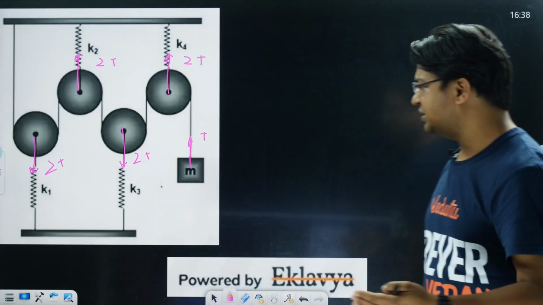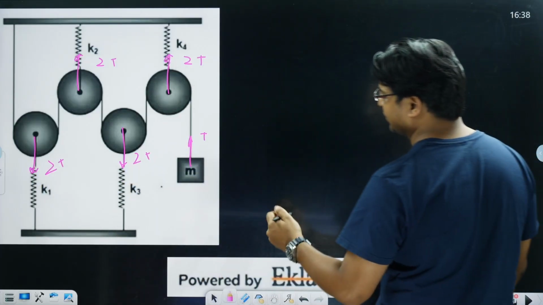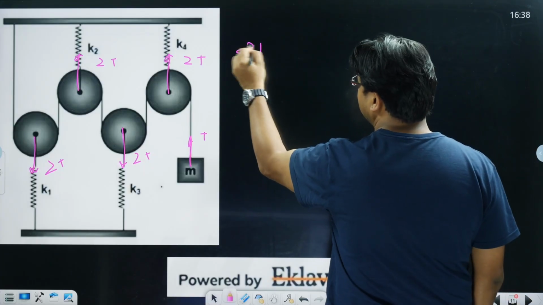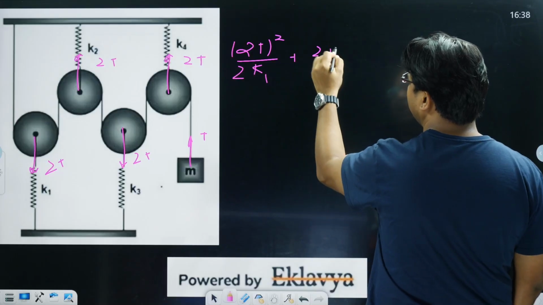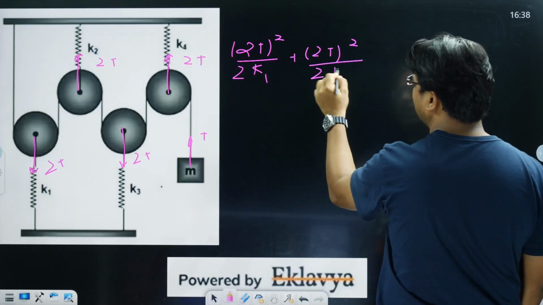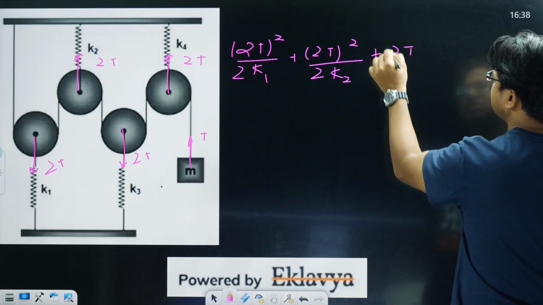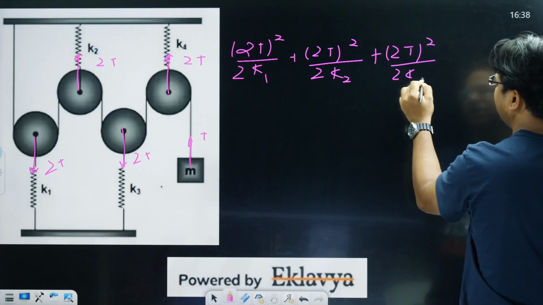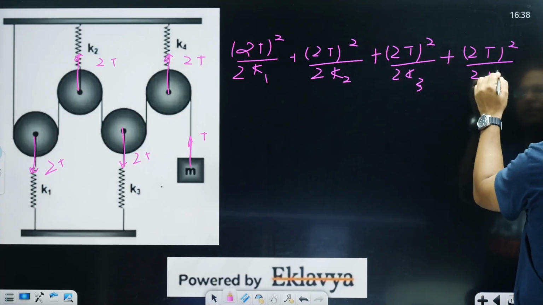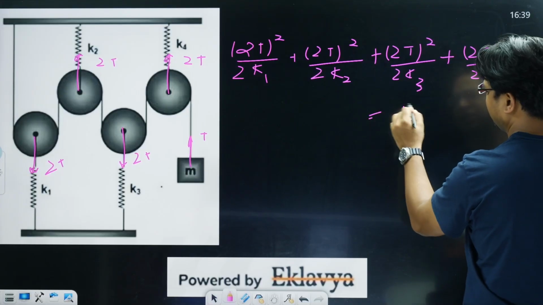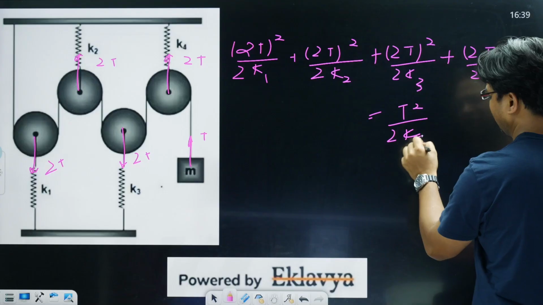From the previous question, it is pretty much evident, and therefore I will write 2T square by 2K1, 2T square by 2K2, then 2T square by 2K3, and then 2T square by 2K4 is equal to T square by 2K equivalent, and that's it.